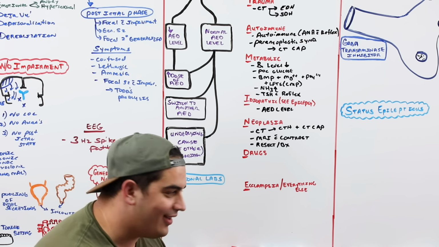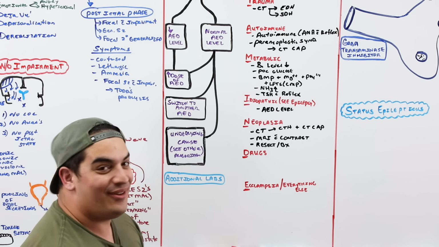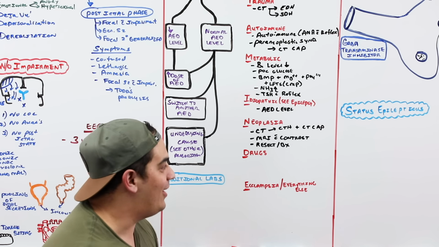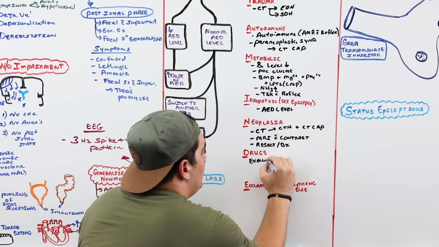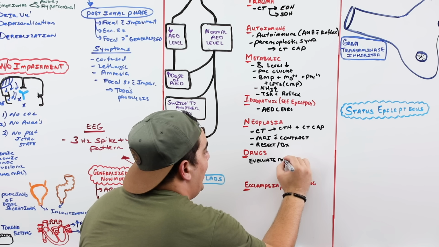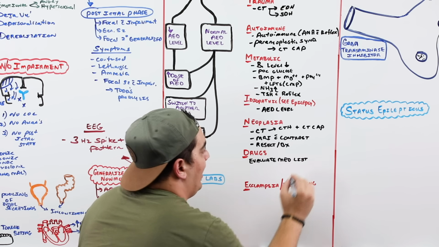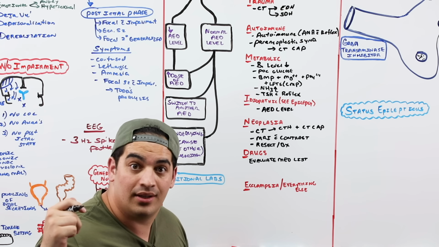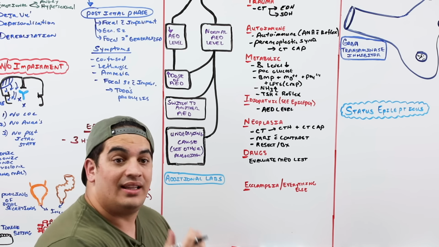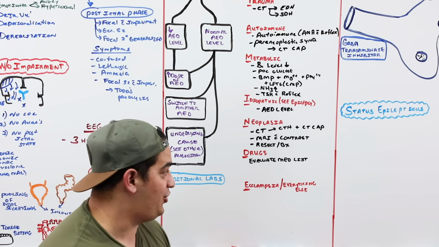Drugs. There's so many different types of drugs that we got to think about. So go through and evaluate their med list. You really need to look at their medication list. What are they taking? And figure out, is it one of those Otis Campbell things that we talked about? If it is, then what do I need to do? Discontinue that medication.